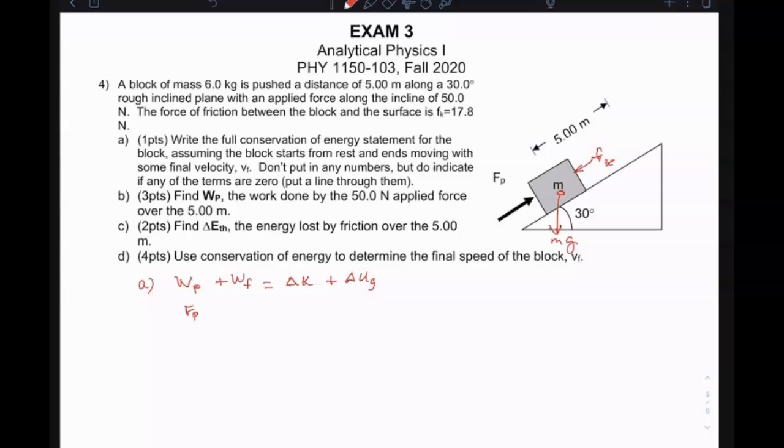So we don't have to have a factor of a cosine theta in this definition of the dot product. It's just simply F sub p times d. And similarly, the friction force acts over the same distance d, but in the opposite direction as the displacement.